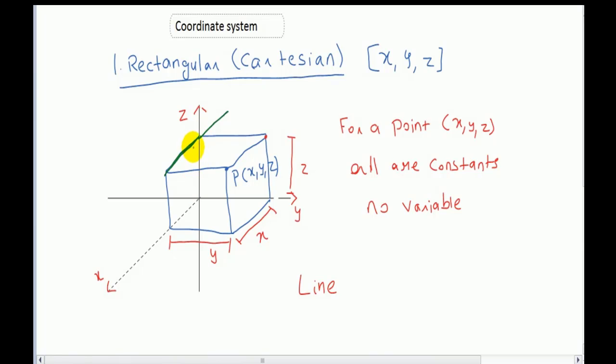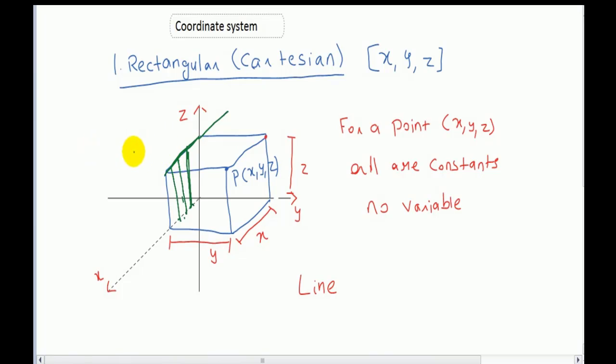For every point on this line there will be specific values of y and z, but there will be different values for x. Like if I see here, at this point there will be different values for x, at this point there will be different value for x. So at each point there will be different values for x.